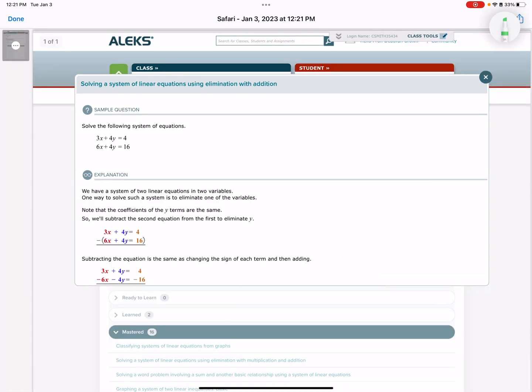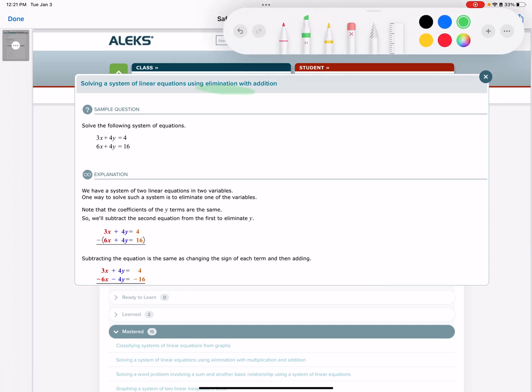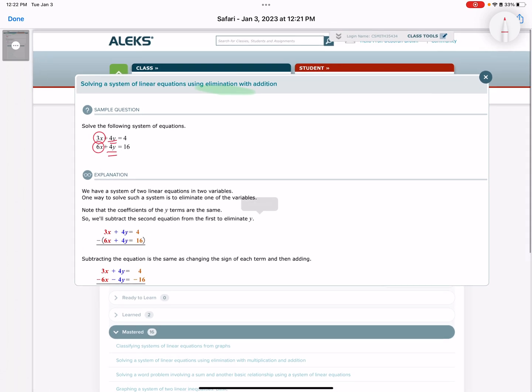But for the system, remember the whole idea with elimination is that I'm eliminating one of the variables. So in order to do that, I need these variables to be the opposites of each other. These already are the same, so why don't we make it easy for us and do what they did here and just multiply that bottom part by negative.